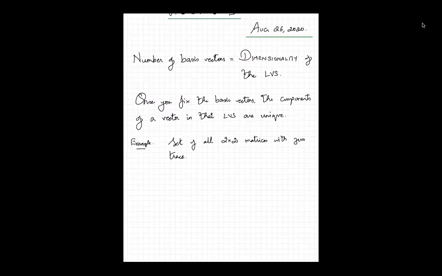But the dimensionality of this vector space, in which the vectors are 2 by 2 matrices, is not 2. It is actually 3. It turns out that one choice of basis vectors for this linear vector space is the 3 Pauli matrices.